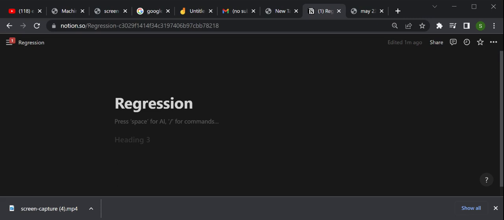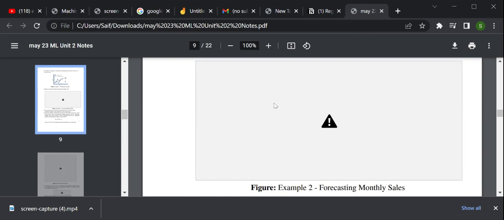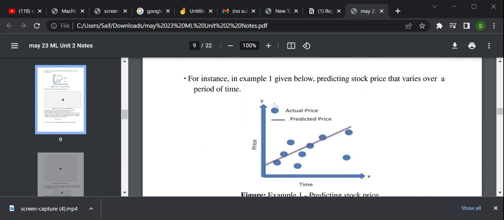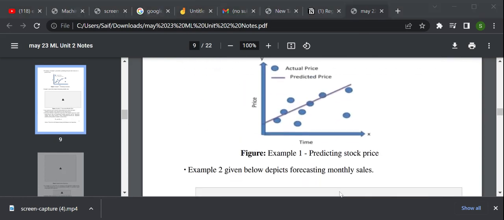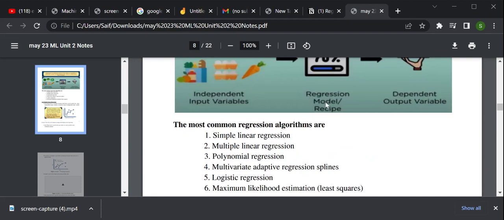So in this session, we are going to discuss an important part, that is regression. Regression is a part of our unit number 2 as well as unit number 3. First of all, we are going to see what comes in unit number 2.